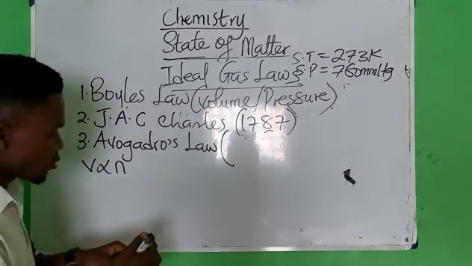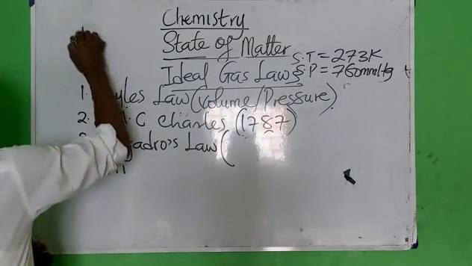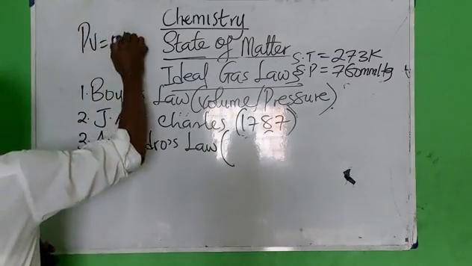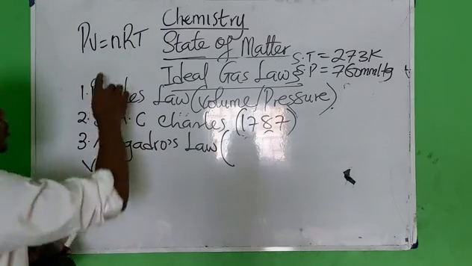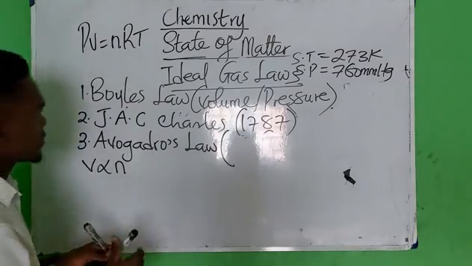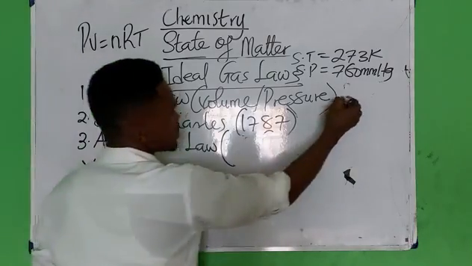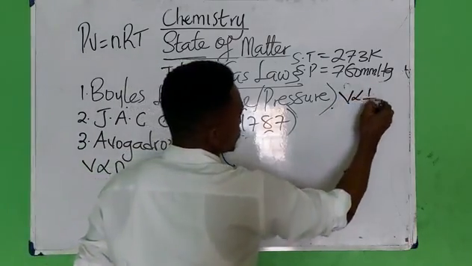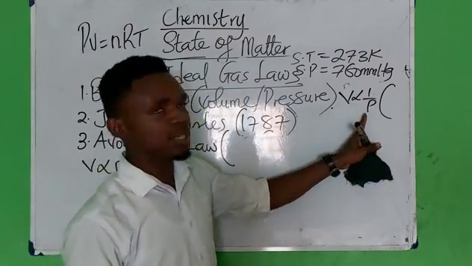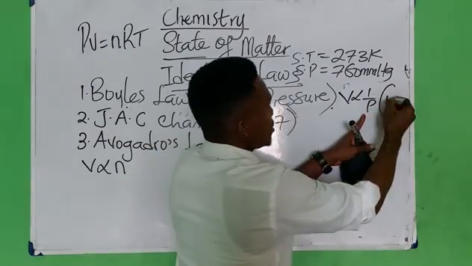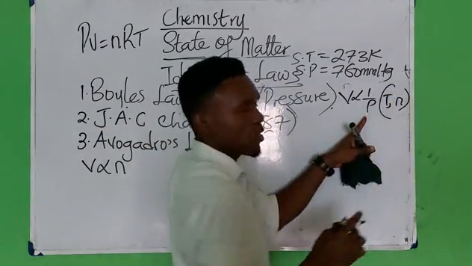Now, the ideal gas equation is expressed as PV equals nRT. The question is, how did they deduce this formula? It is very simple. Boyle's law is V proportional to 1 over P, which means that T and n are constant.